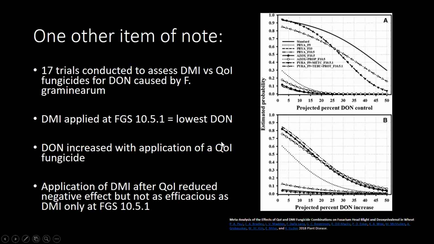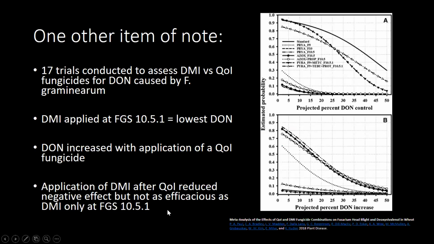Going in after making an application of one of those QOI or strobilurin products with one of those recommended DMI fungicides will reduce the amount of vomitoxin, but it won't reduce it to the level that you would get if you applied that DMI fungicide alone. So you do have to take some caution if you do want to come in earlier in the season and make an application.